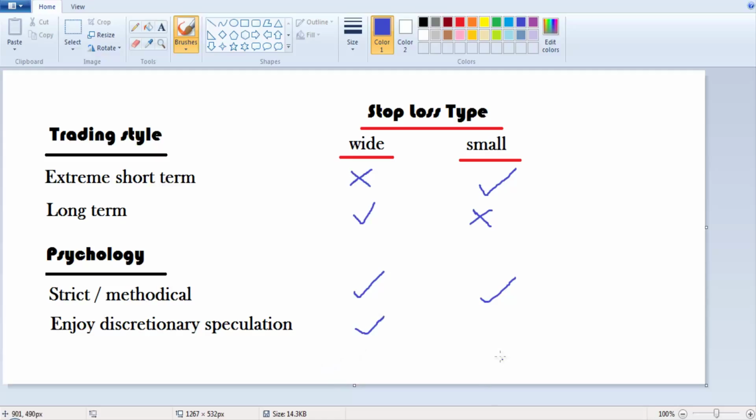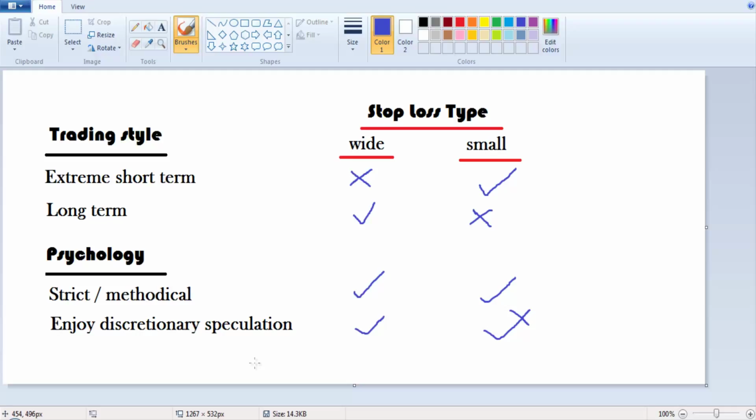And a small stop loss, well, it can and it can't, because I believe discretionary or speculation trading requires you to give a little bit more leeway inherently, because you are speculating a bit more. So if your psychology is that you hate getting stopped out and you're speculating, then you might need to widen up your stop loss. Okay?